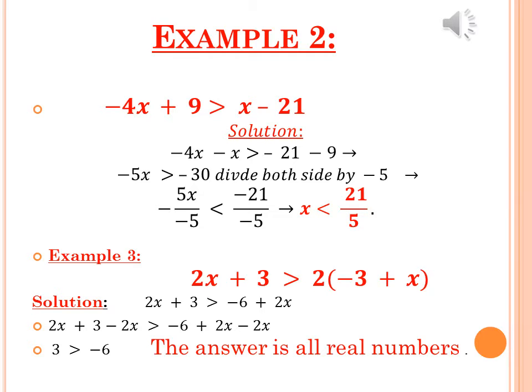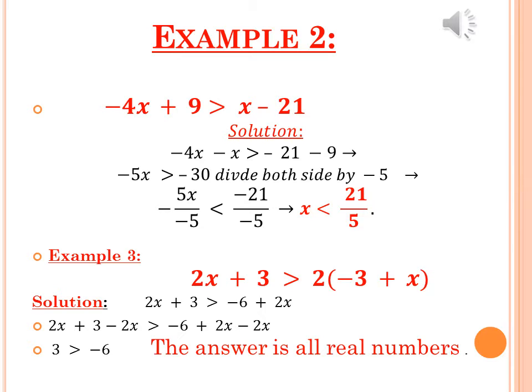Another example. 2x plus 3 greater than 2 times minus 3 plus x. First, open brackets. Left hand side the same, 2x plus 3. Right hand side, greater than 2 times minus 3, minus 6, 2 times x, plus 2x. Left hand side we have plus 3, 2x.